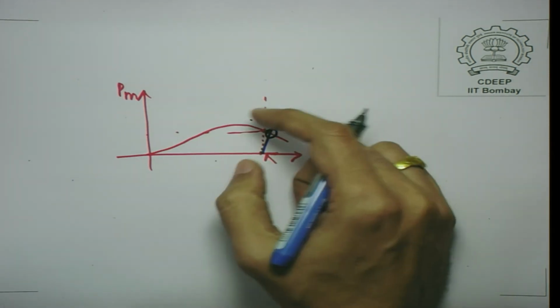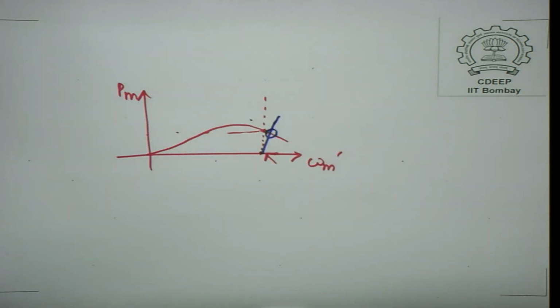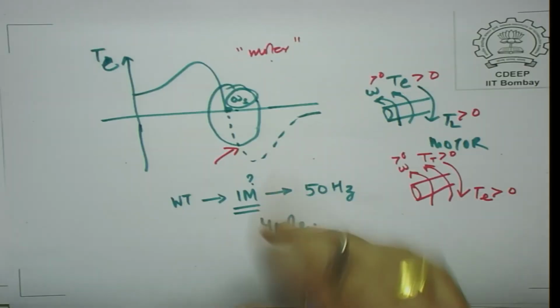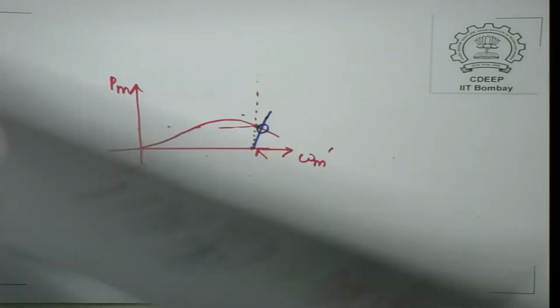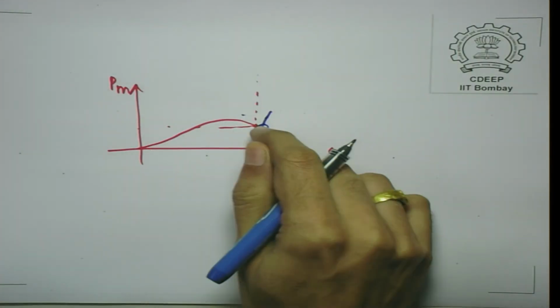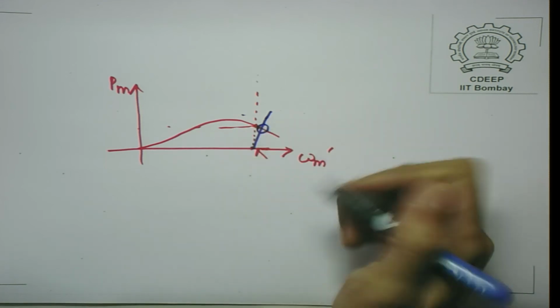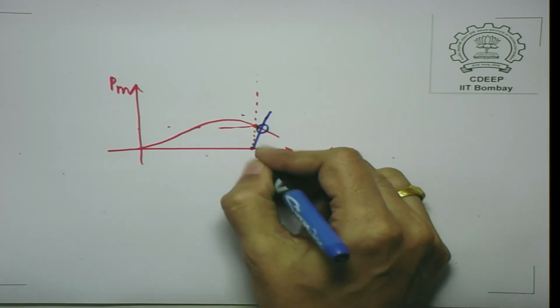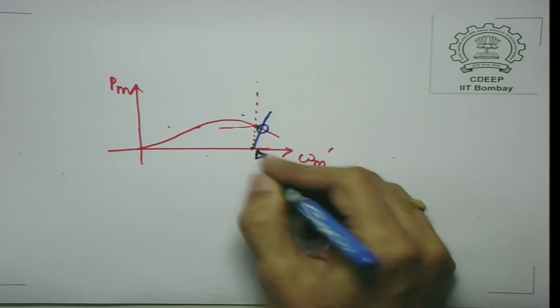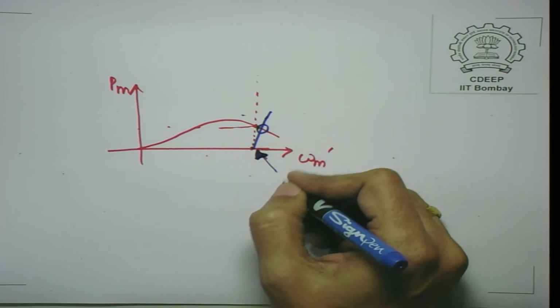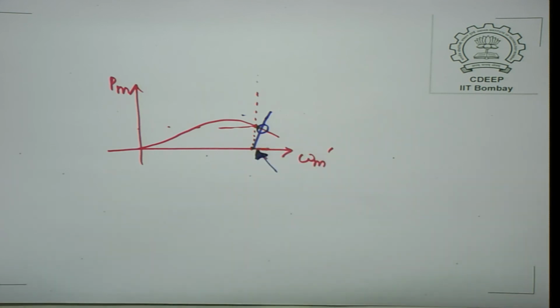Remember, this characteristic is extracted from this torque-speed characteristic here, this portion. So, now you will find your intersection point is slightly on this side. This is the referred speed, the 50 hertz referred, in radians per second, to one side of the gear.